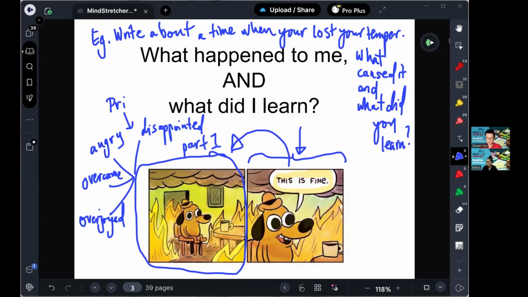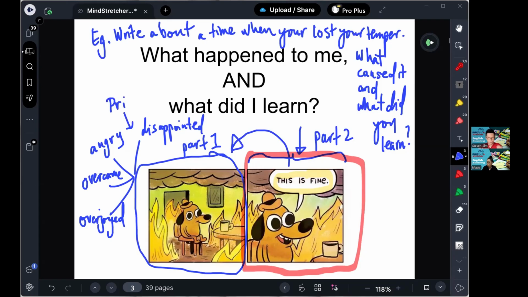So this is the section which is very important. This is the section which you don't have much practice at doing. Because part one, you've had lots of practice at doing it in primary school. Part two is the part which you need to have the sentence structures.